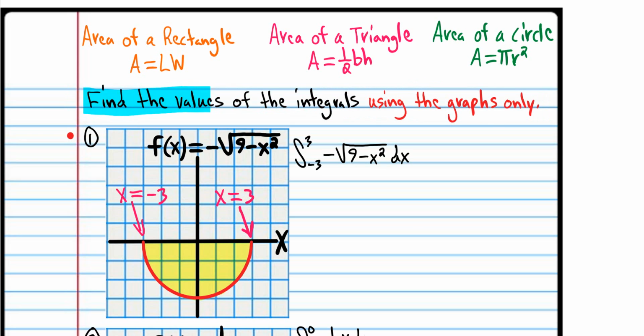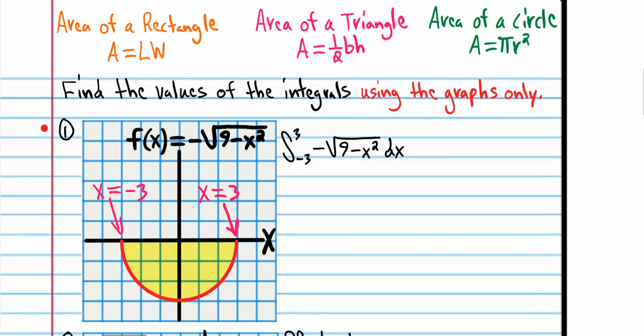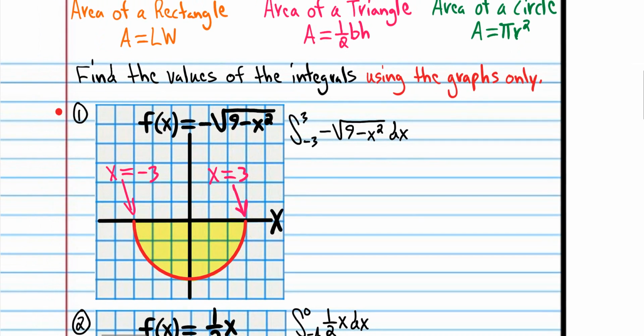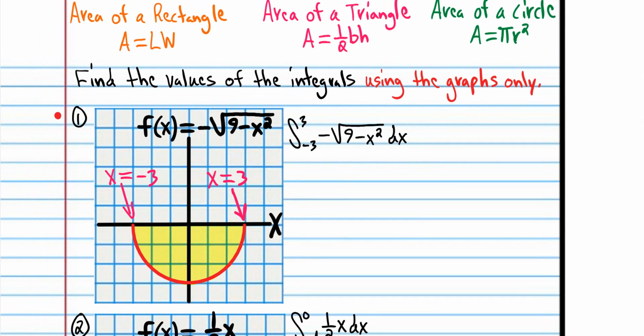It says find the values of the integrals using the graphs only. So we're not going to use the fundamental theorem of calculus. And you can see that if we graph this function, we have a semicircle. So we want to find the area, and it's below the x-axis, so it's going to be negative.